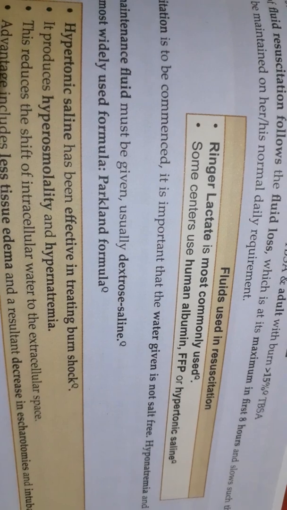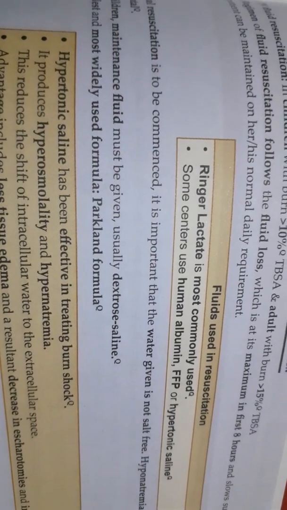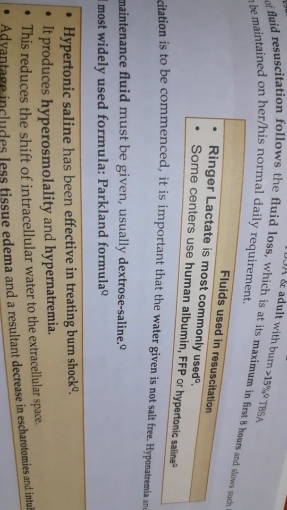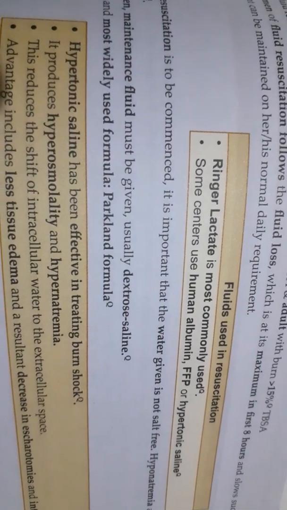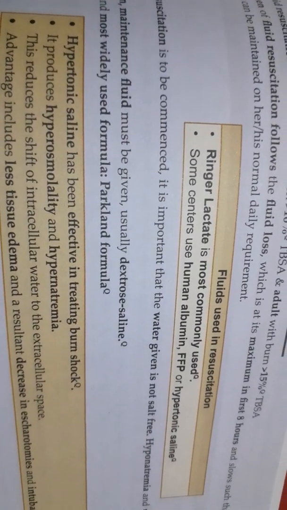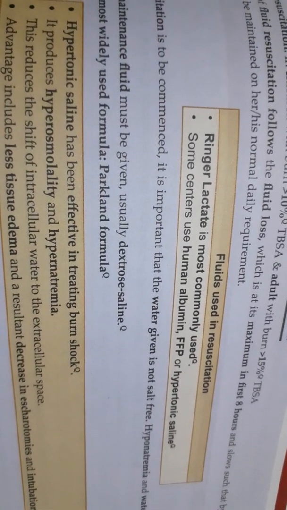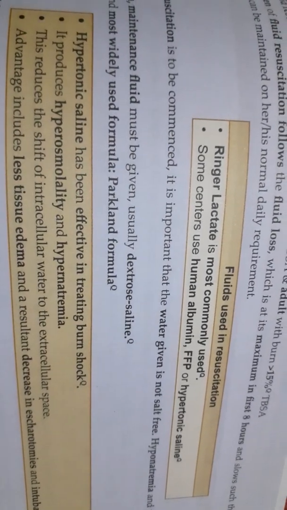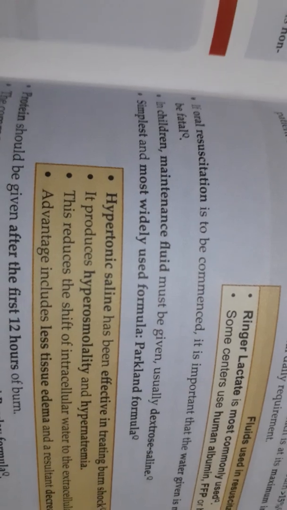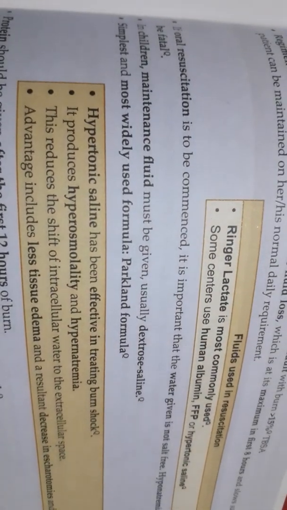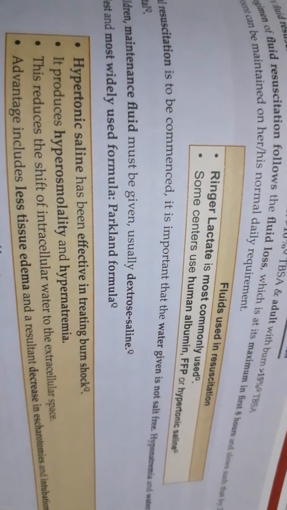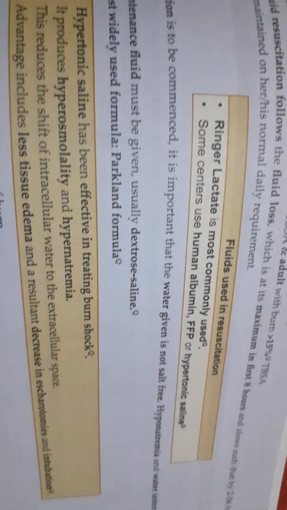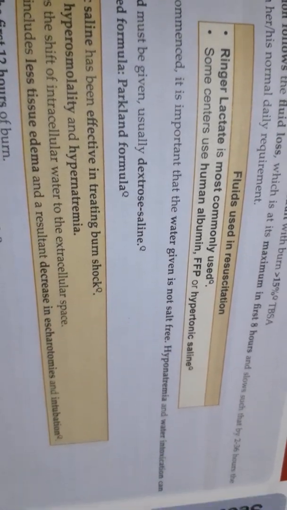Fluid used in resuscitation: Ringer's lactate is most commonly used. Some centers use human albumin, FFP, or hypertonic saline. If oral resuscitation is to be commenced, it is important that the water given is not salt-free.